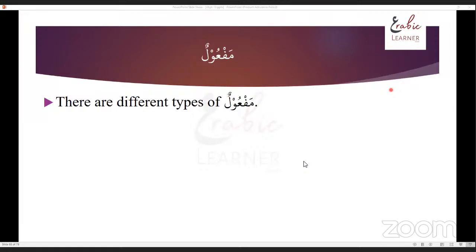I don't want to go into those details, but I will tell you the most commonly used 2 types of maf'ul that will be coming in this book number 1. If you see many of the teachers, they are always talking about more. I'm only calling it maf'ul because there are different kinds of maf'ul. But I will be telling you only 2 types of maf'ul today.